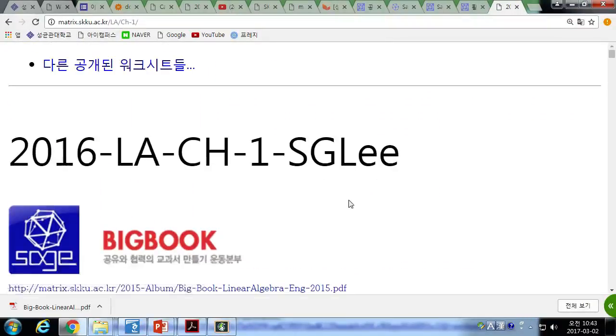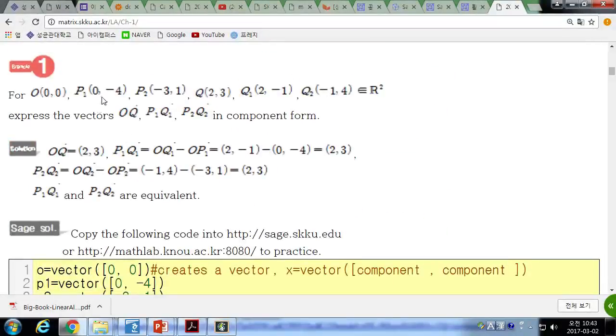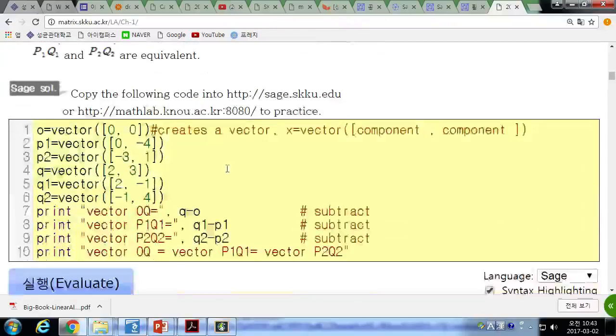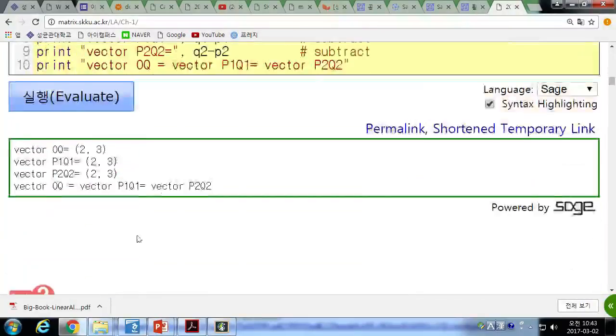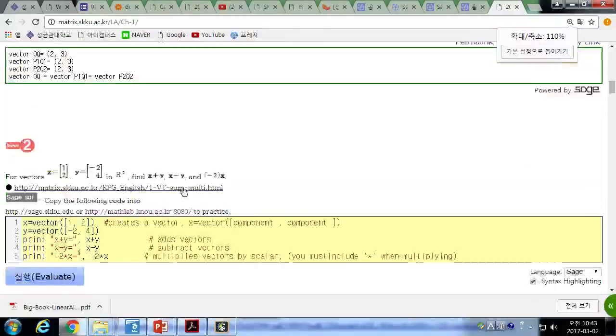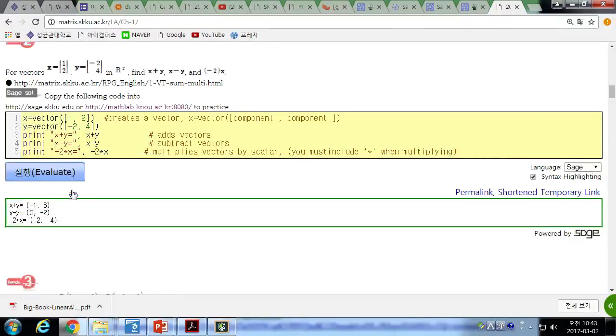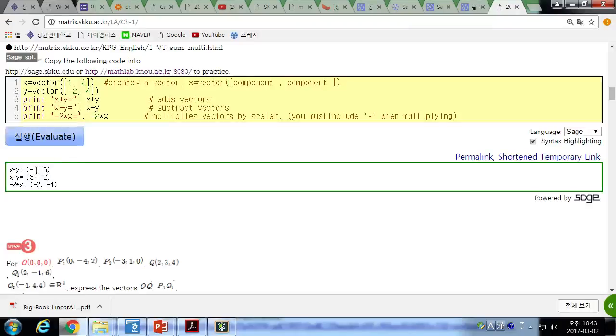For example, chapter 1 has all the problems and exercise problems with the solutions, and also the code to show the same computations. Adding two vectors, subtraction, or scalar multiplication can be easily done with the code here.